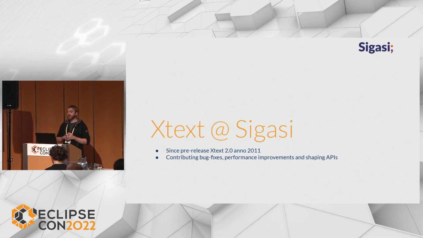So Xtext at Sigasi, that started around the end of 2010, beginning of 2011, and that was when Xtext 2.0 was still in pre-release. At that point, we already had a technical demo, not based on Xtext, but based on just Antlr and regular Eclipse.